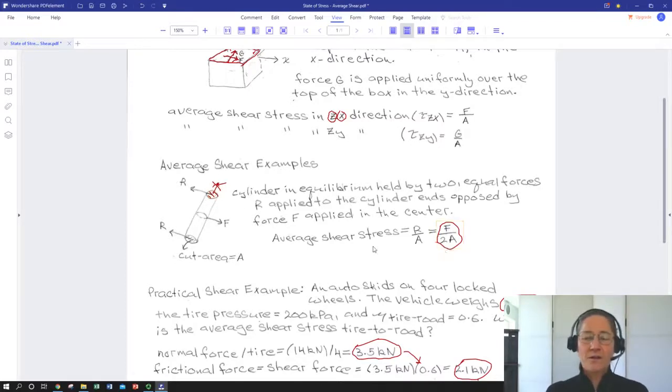Hence we get our division by 2 there. We can have multiple different scenarios where that value will change. We just need to apply our FBDs first. Obviously, if our cross-sectional area changes, we might have the same force, but we're going to have a much higher stress if, say, this area was smaller at one end.